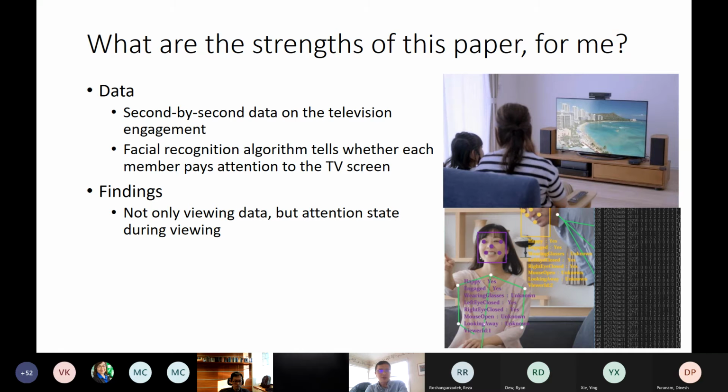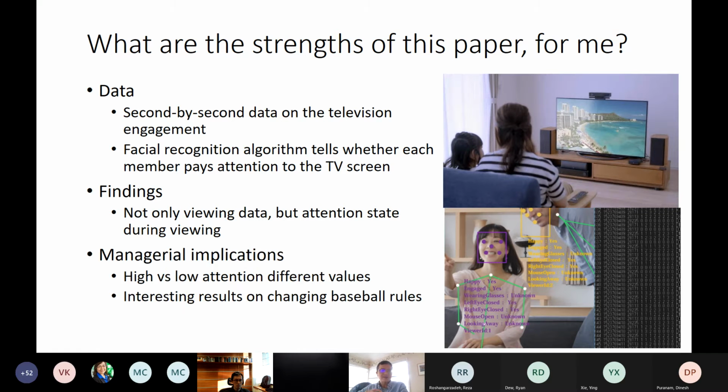They don't just look at viewing, but also investigate how to attract attention, how to make sure that people are attentive during the viewing. And finally, there are some important managerial implications showing high versus low attention, because the different states can have different values for managers.